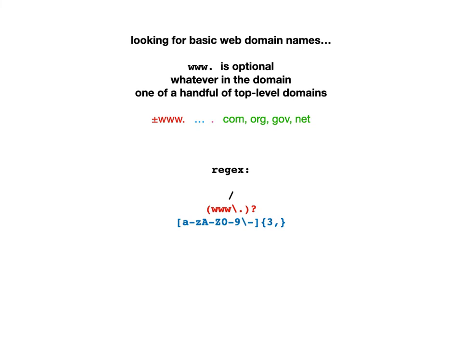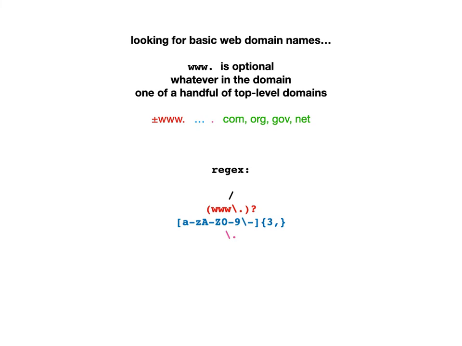You can't have a single character domain. So this indicates we need at least 3 or more, right? So 3, comma, unbounded. Who knows how many? It's all fine. Okay, so what do we need next? We need a dot to separate the domain from the rest.